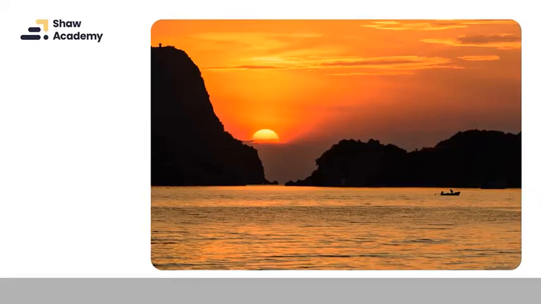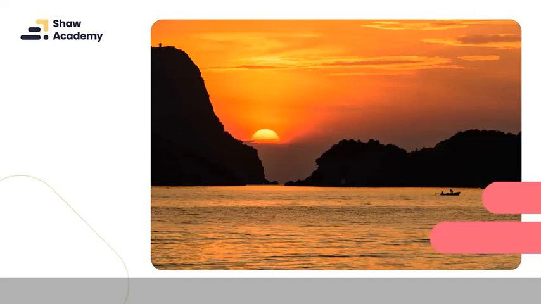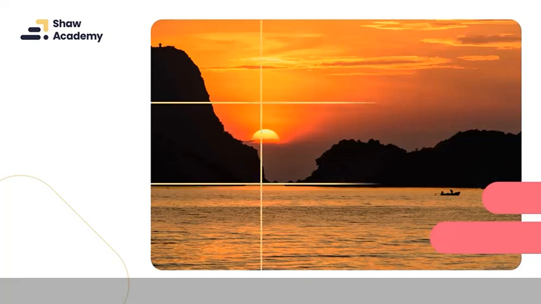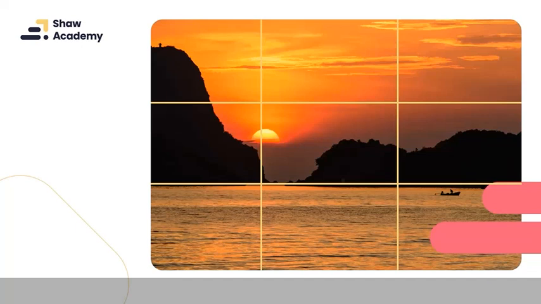So we've got a little bit more going on within this image here. As you can see, a very nice sunset. We've got a nice kind of horizon there as well. And of course, we've got the people in the boat, the fishermen there in the boat. If we bring up our imaginary rule of thirds grid, as you can see here again, compositionally, a lot of the elements are falling quite close to where those horizontal lines meet and where those vertical lines meet.